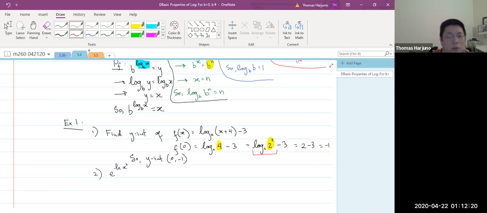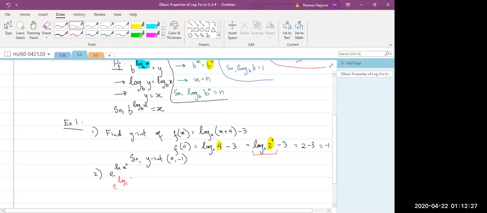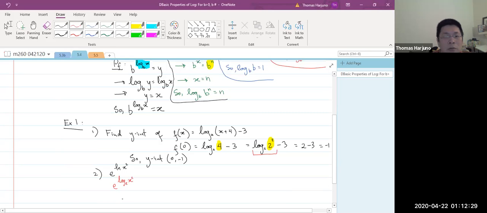If we think about this, this is e to the log base e of x squared. Okay, but b to the power of log base b, or e to the power of log base e, will cancel, and therefore this is equal to just x squared.